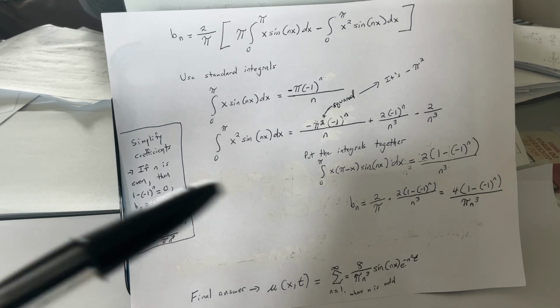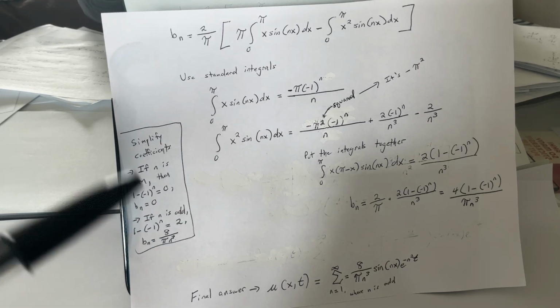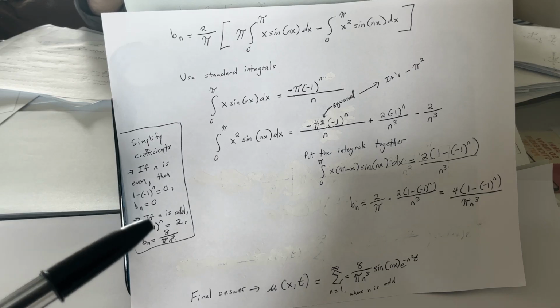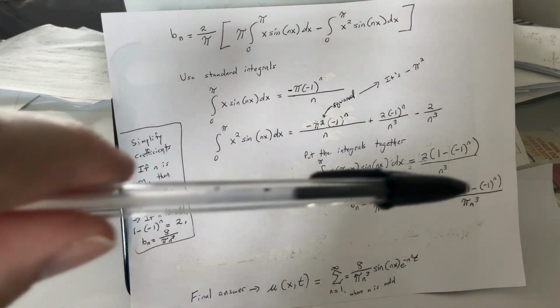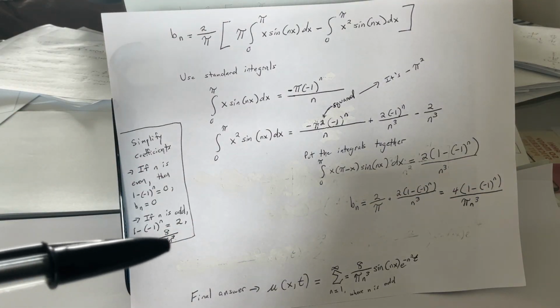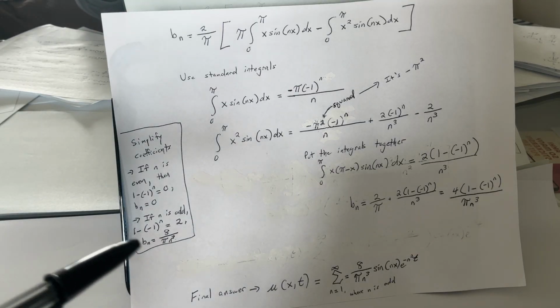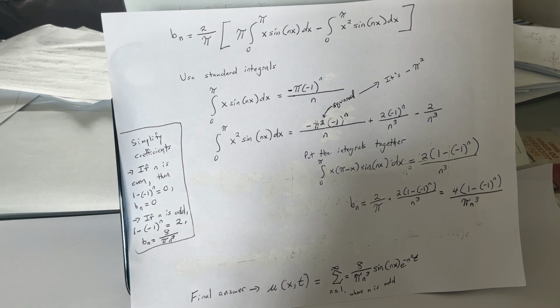And if n is odd, 1 minus negative 1 to the n equals 2. If this becomes 2, that's where we get that 8, right? So 4 times 2 over pi n cubed. So that's that b sub n. Just wanted to show that just in case.